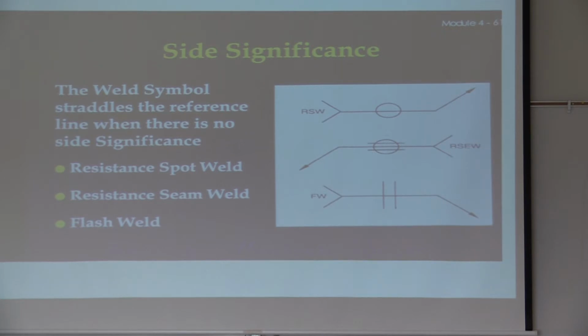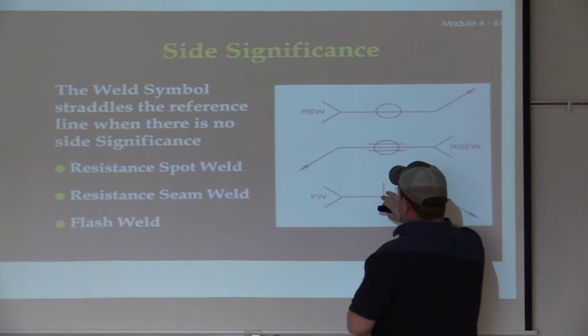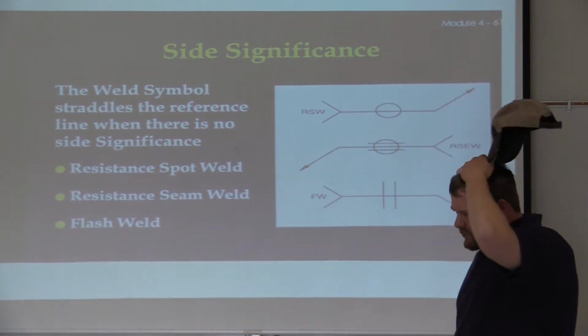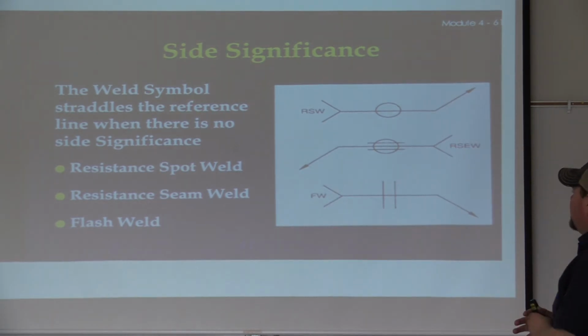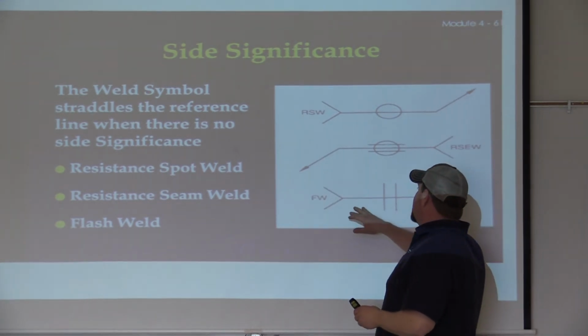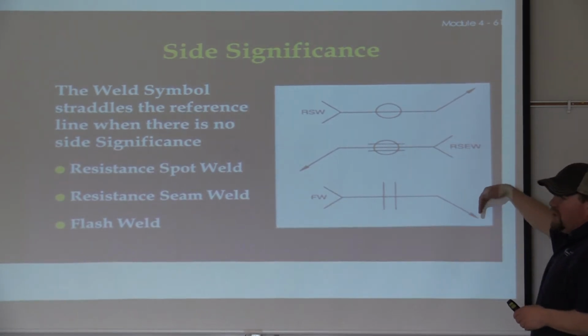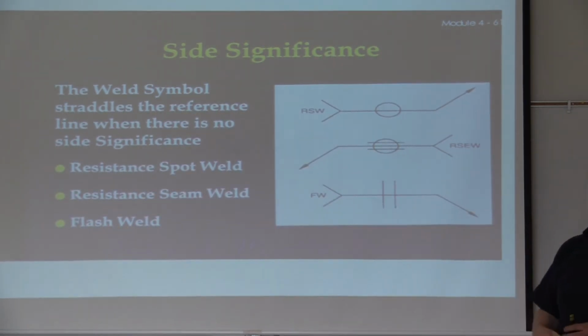Spot weld and seam weld are good. This is a flash weld down here. I've seen this happen on thin material. Sometimes it'll just be a square butt groove from there, and it might give you a spec here on the arrow side. And I usually try to follow the print to say, hey, it needs to be welded from the arrow side, specifically coming down.